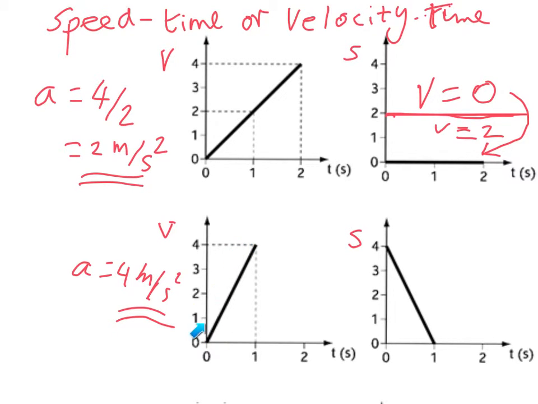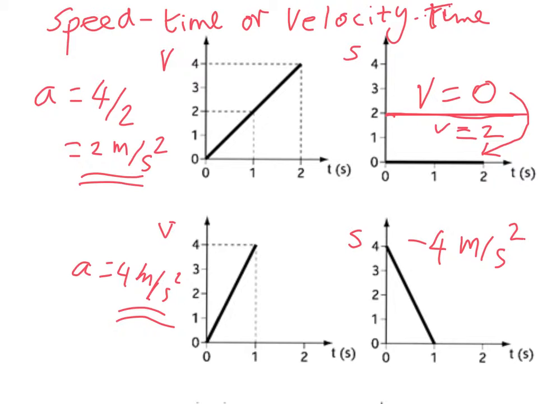The bigger the gradient or the steeper the line is in a VT graph, in a speed time graph, then your acceleration is bigger. Now in this case it's deceleration. Same as here, but this time it's 4 meters per second squared, but in a negative direction. Okay, so you put a minus there.